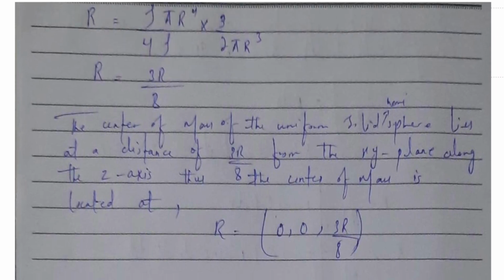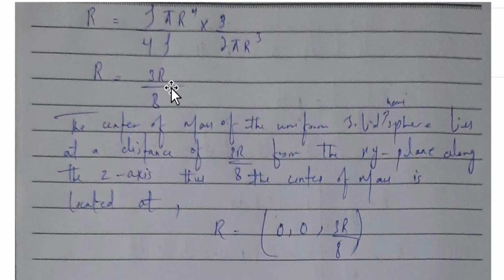Now this is the formula, this is the value we already have, and now we have to cancel the terms, arrange the terms, and you will get the center of mass of the hemisphere, which lies along the z-axis. So this is the term 3 over 8 r.